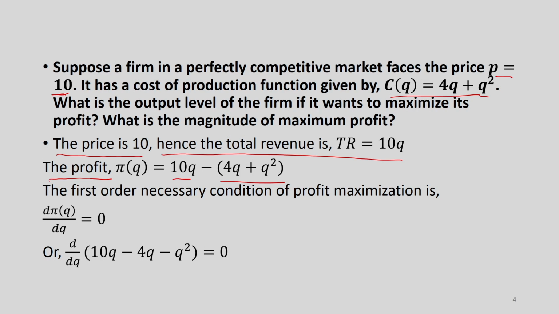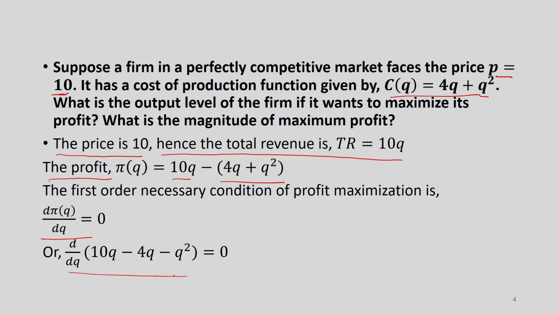I have to now find out the output level where the profit is maximized. To do that, I have to depend on the first and the second order conditions. The first order necessary condition of profit maximization is that the first derivative of the profit with respect to quantity is equal to 0.